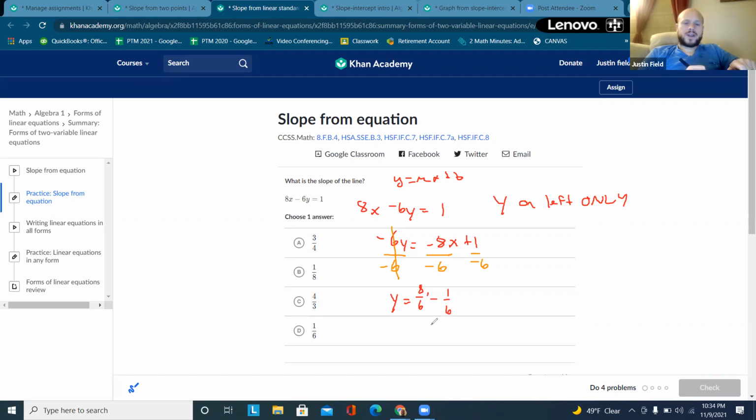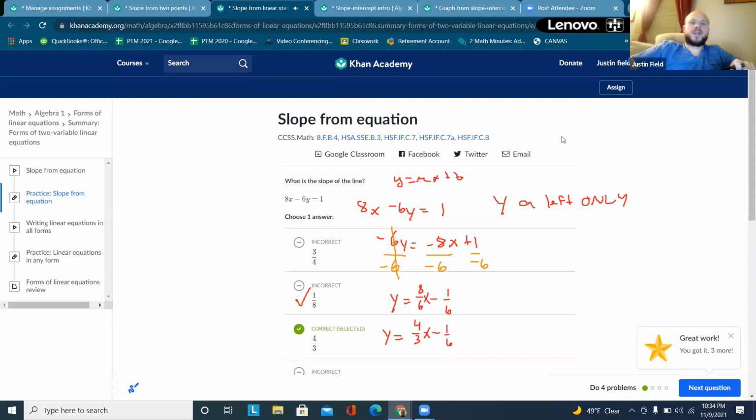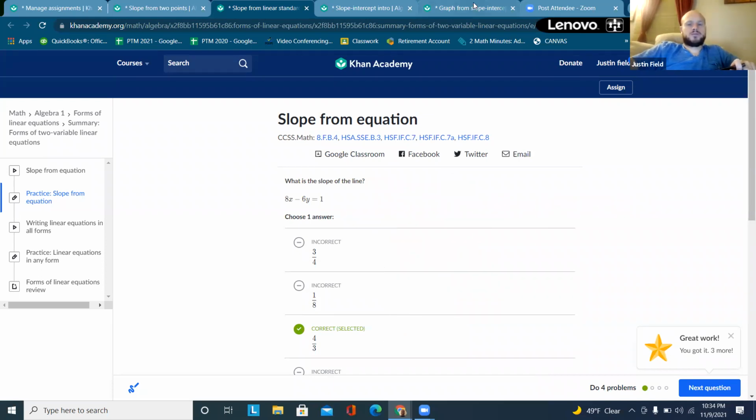Oh my goodness, don't forget to write the x, Mr. Fields. And then 8/6 reduces. What does it reduce to? 4/3. Right? Divide the top and the bottom by 2. So 4/3, which is right here. Ta-da!